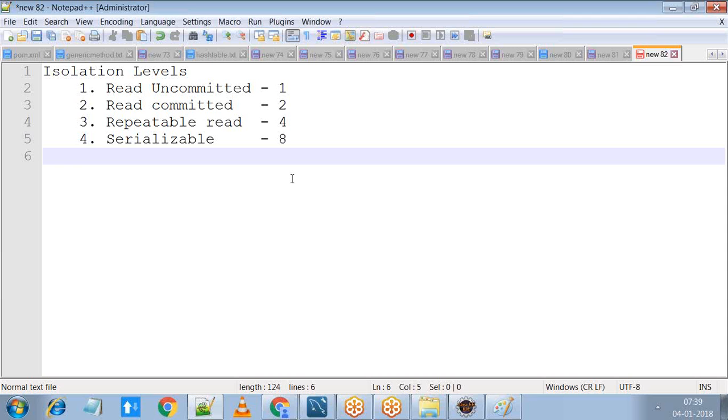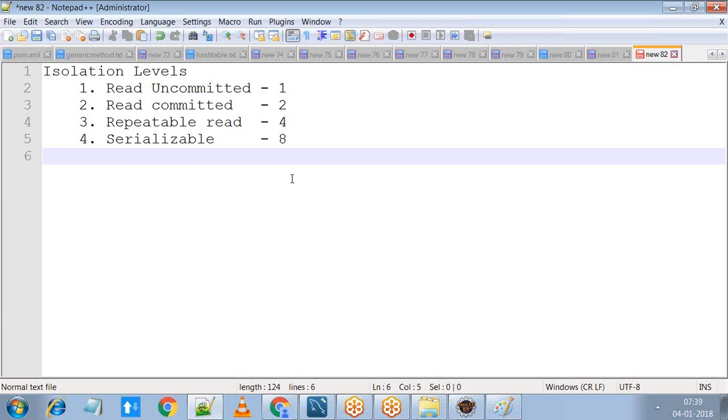When a transaction is working on the data set, no other transactions will be able to read or write. So this is considered the strictest isolation level.